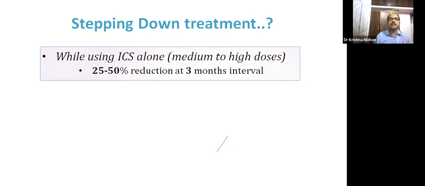So how will you decrease the dose? At the end of 3 months, if the patient is getting adequate symptomatic control, then what will you do? You can cut down the dose of ICS by 25 to 50% at 3 months interval. So if you have started 400 micrograms, after 3 months, if good control is there, you can make it 200 micrograms.